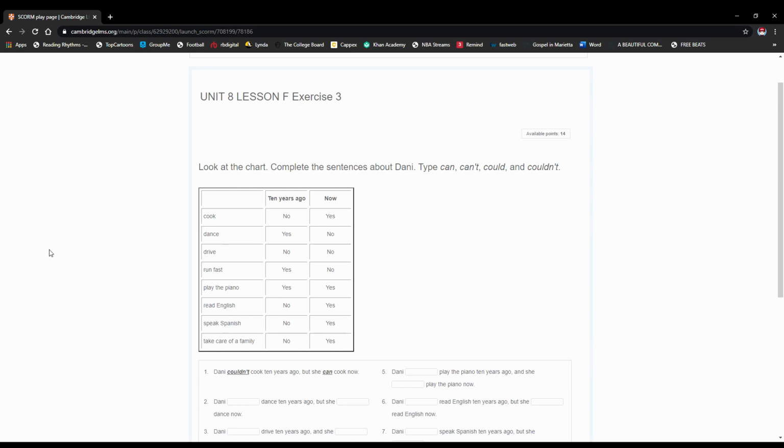You have a chart and you have two pictures. You have the picture of a young girl 10 years ago, and now you have a picture of a woman now, right? And now you have this chart showing some abilities, and what the person could do and what the person can do.